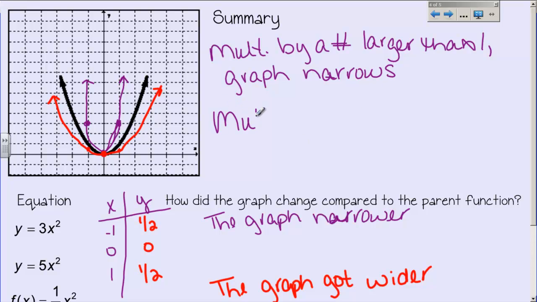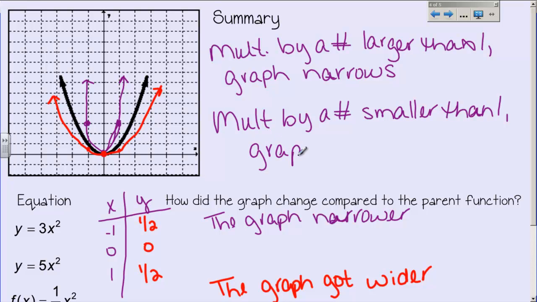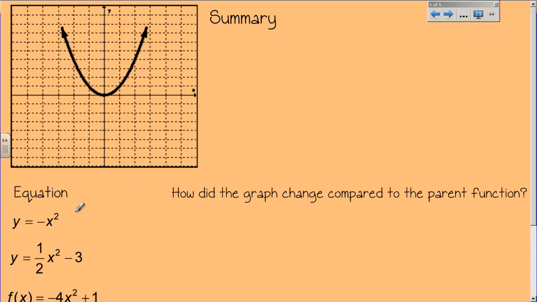Then if I multiply by a number smaller than 1, the graph widens. And that's what you need to get from that. If you want to graph the other two and see that that's really what happens, go right ahead.